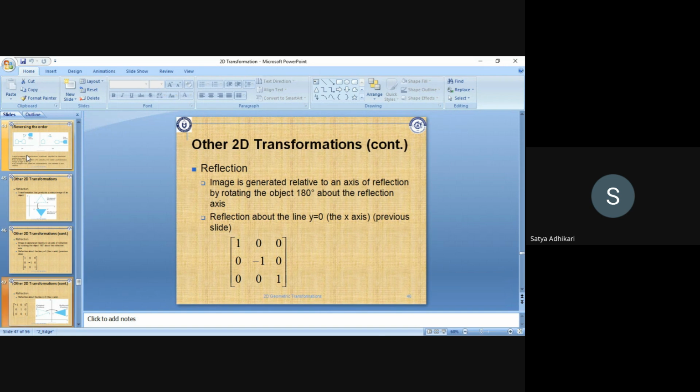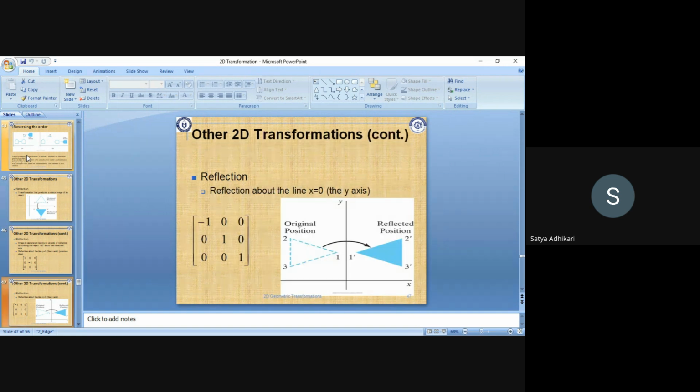Similarly, we can reflect an object with respect to the y-axis, where x equals 0. We know that for all points on the y-axis, the x value is 0. So this is the reflection about the line x equals 0, or about the y-axis.